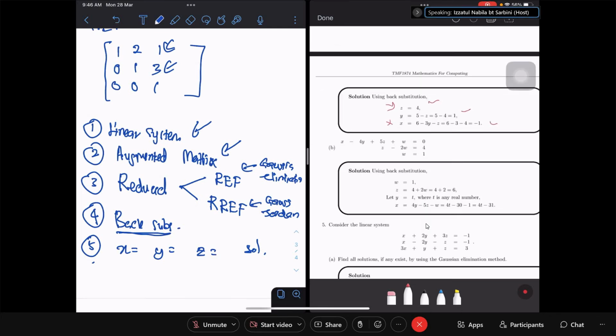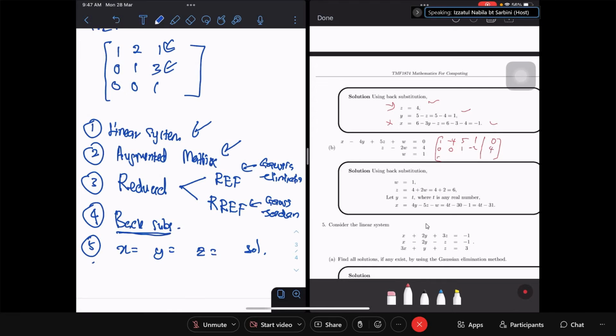Now for question B, when you write it back into an augmented matrix, we want to see how the last matrix looks after reduction. The first row is 1, negative 4, 5, and 1, 0. And then 0, 0, 1, negative 2, 4.